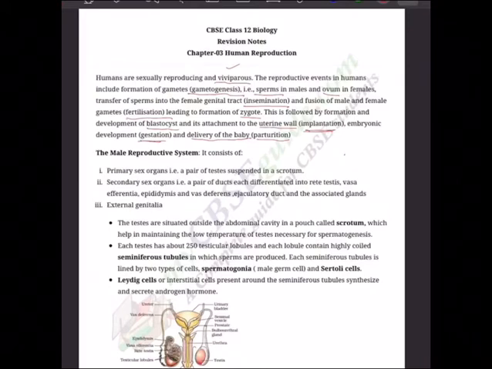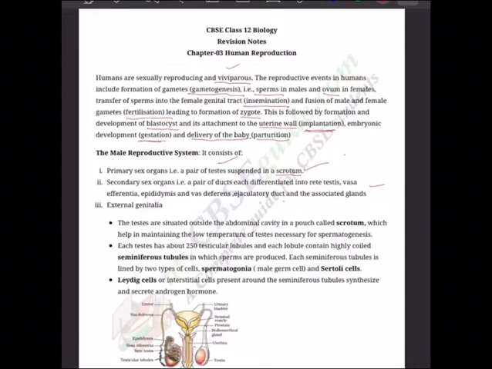And the male reproductive system consists of primary sex organs, pair of testes suspended in scrotum, and you know why they are situated outside the body and why in a bag-like structure called scrotum. Secondary sex organs, pair of ducts, each differentiated into rete testis, vasa efferentia, epididymis, vas deferens, ejaculatory duct, and associated glands.